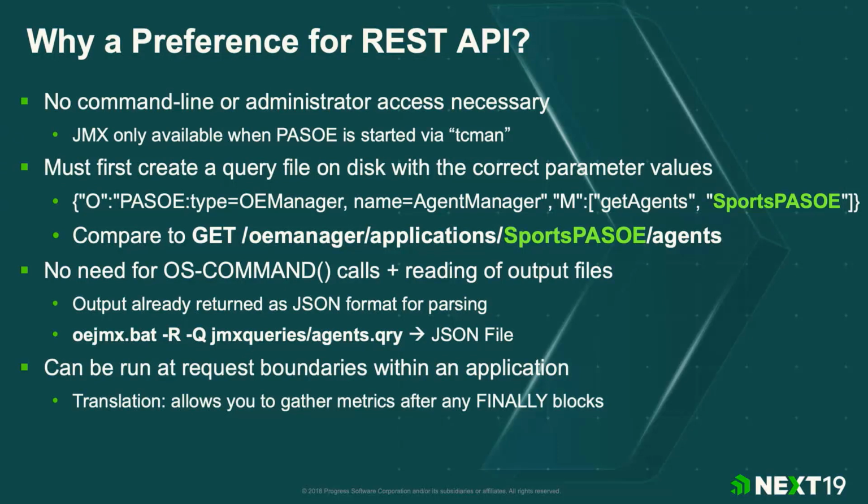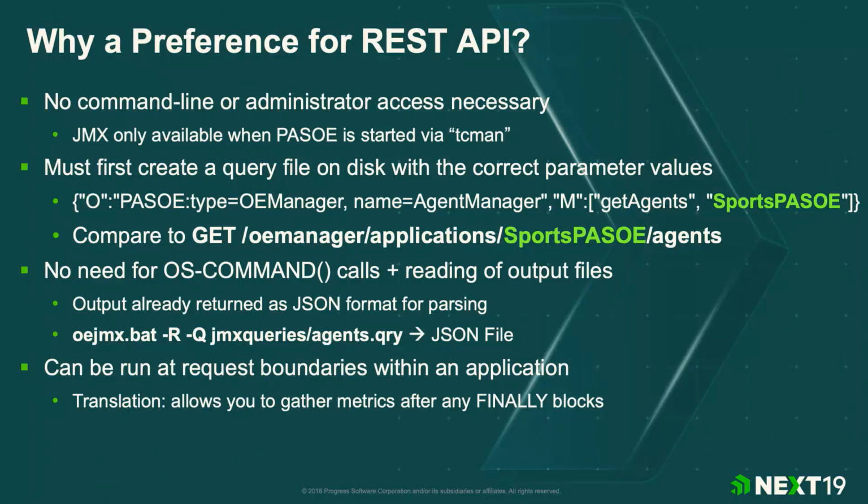The other reason why I like the REST APIs is, yes, you can use the OE HTTP client to make these requests from inside of ABL code. What's neat about that is you can put that code into a deactivate procedure for your application. When you are done with a request, the deactivate should run after you have done any cleanup.